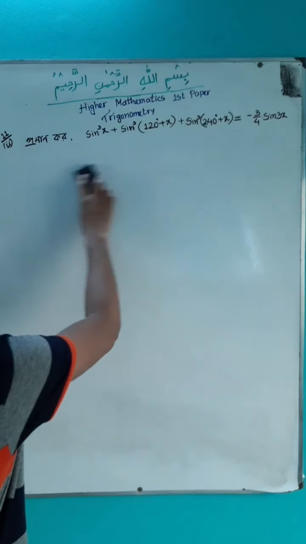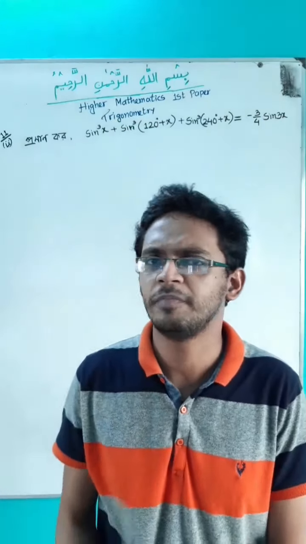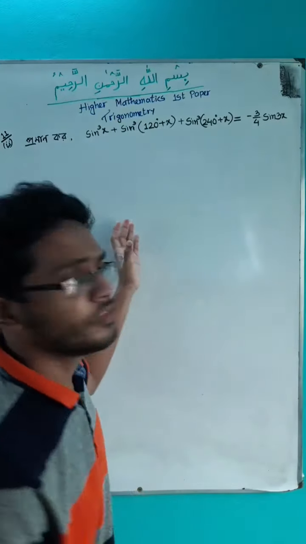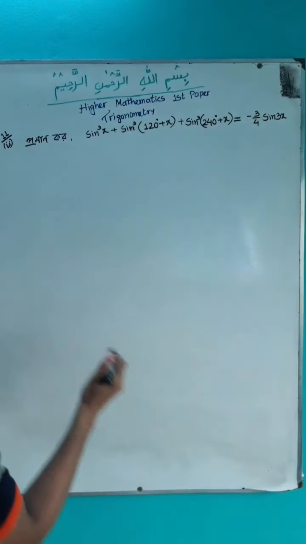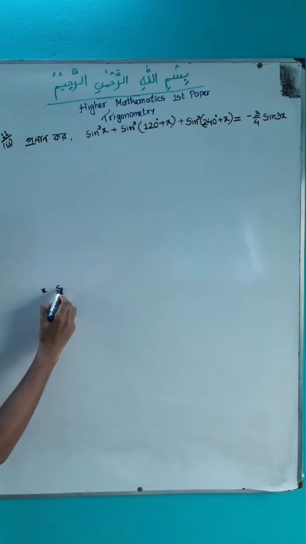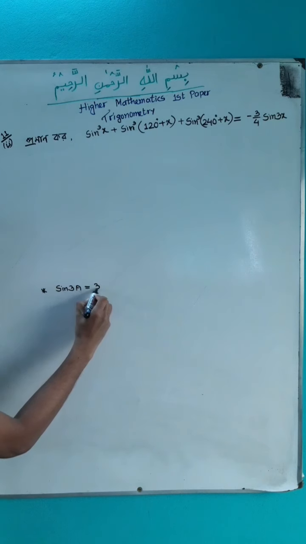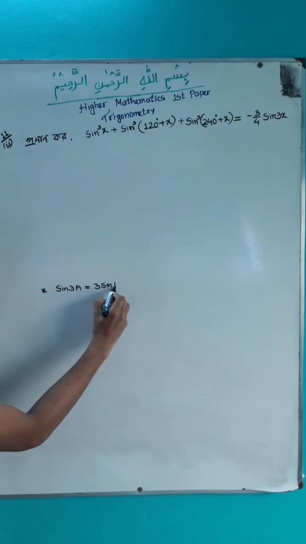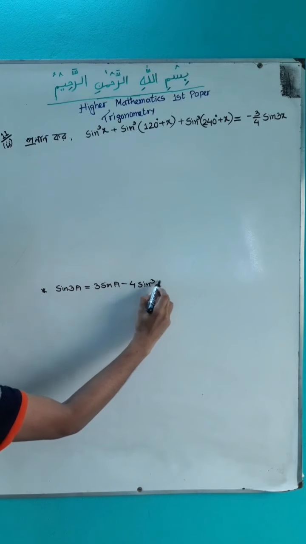This time we will solve this math. Before solving this, we need to recall a formula, that means sin 3a equals 3 sin a minus 4 sin cube a.